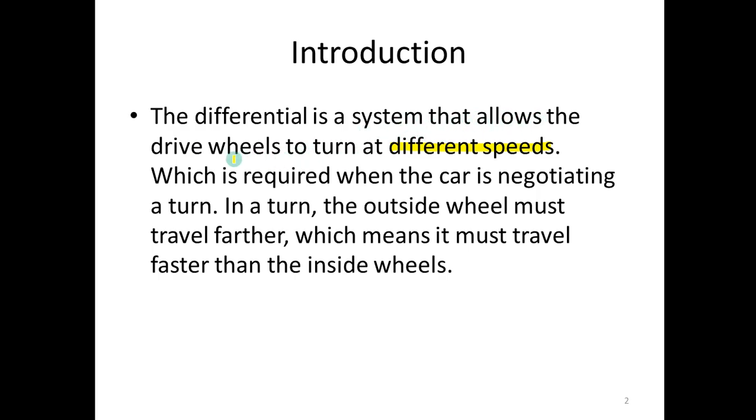This system allows the drive wheels to turn at different speeds when the vehicle is negotiating a turn, a bend, or curved roads. The outside wheel must travel faster than the inside wheels.